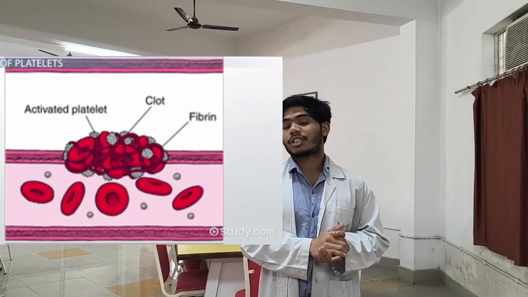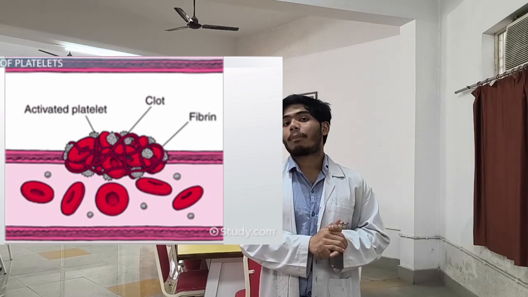Second, you should know that proper blood clot formation is done when the number of platelets is in the normal range or high. But in case of ITP the number of platelets is reduced, so due to low platelet count the blood clot formation is also not done properly.